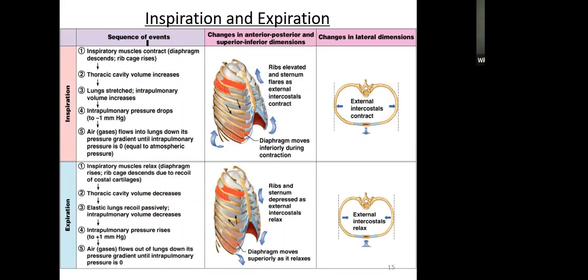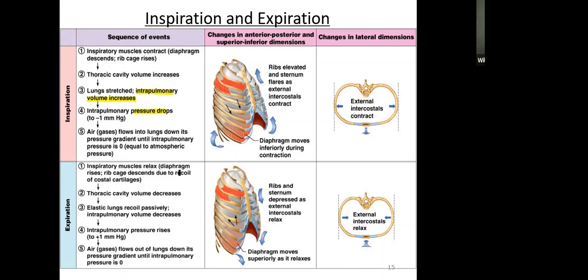So sequence of events, as we've said. So inspiration: inspiratory muscles contract, diaphragm descends, thoracic cavity volume increases, lungs are stretched, intrapulmonary volume increases, intrapulmonary pressure drops, air gases flow into the lungs down the pressure gradient.